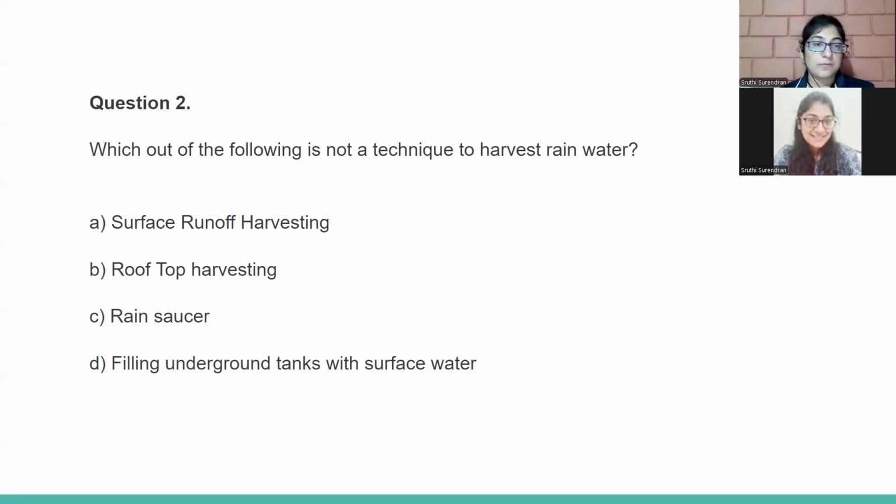Is surface runoff harvesting a method of rainwater harvesting? Rooftop harvesting, is it a method? Rain saucer, is it a method? Filling under the tank with surface water, is it a method of rainwater harvesting? Is the question.